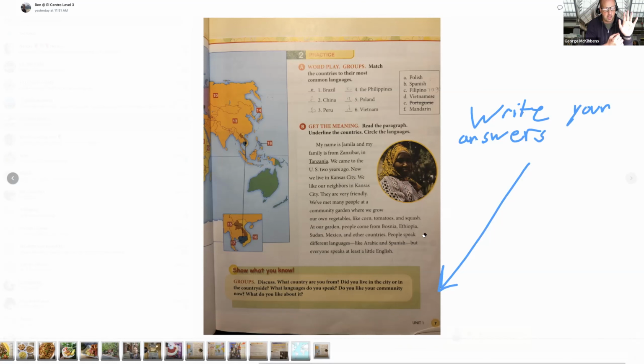At the bottom of page 7, write your answers at the bottom. Does everybody understand? Yes. Okay, so I'm going to put you into breakout rooms right now. 2 breakout rooms. Work together. Help each other. Okay, go.